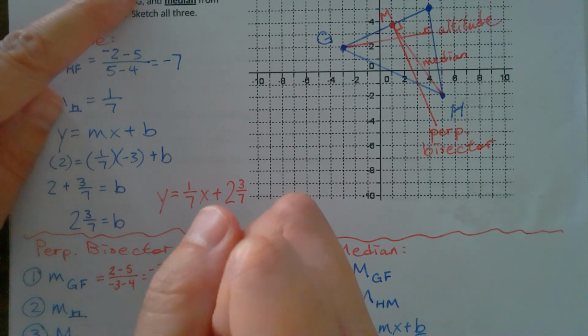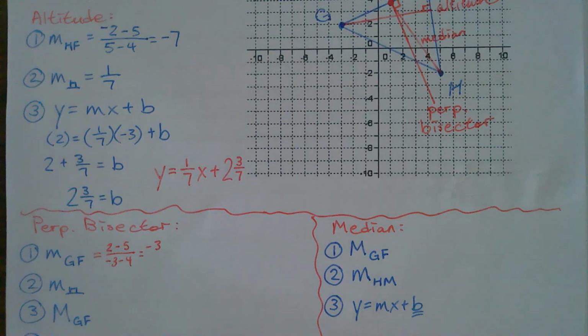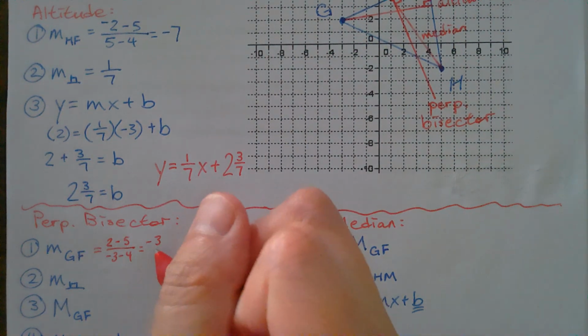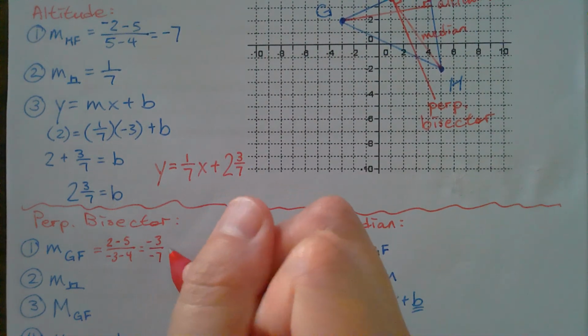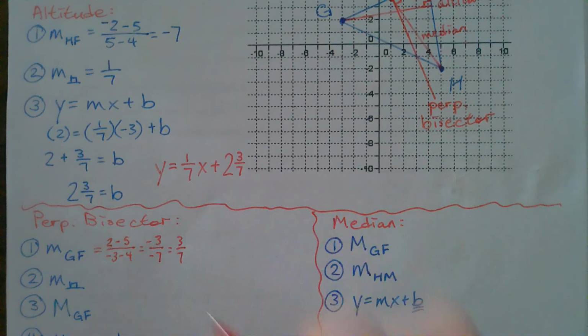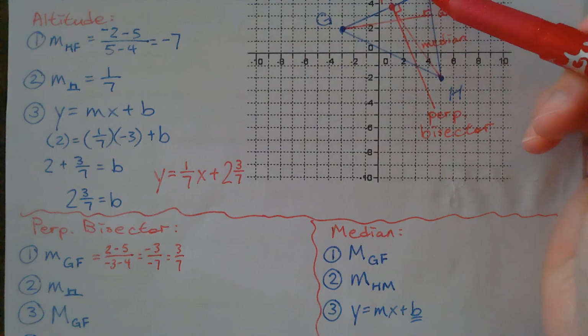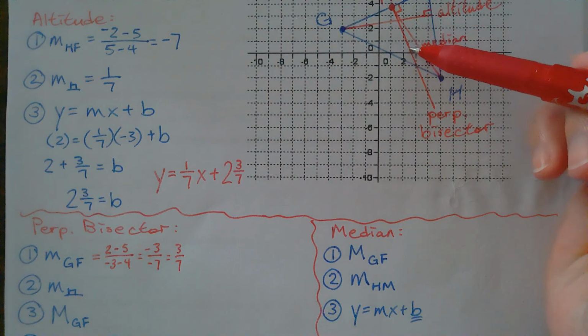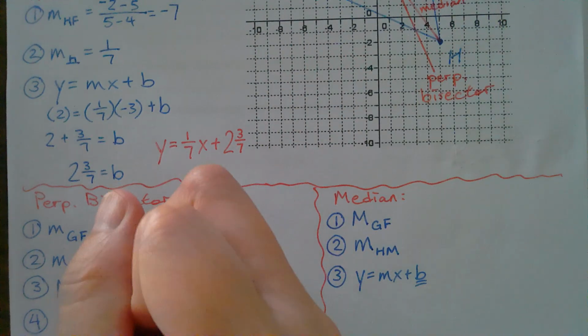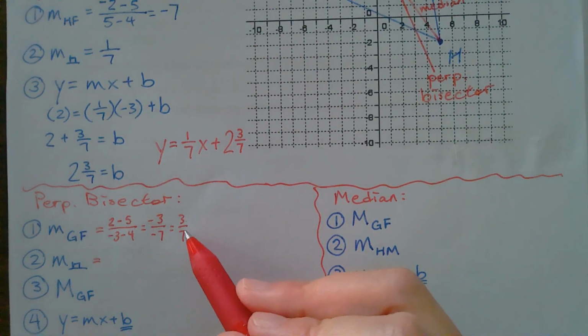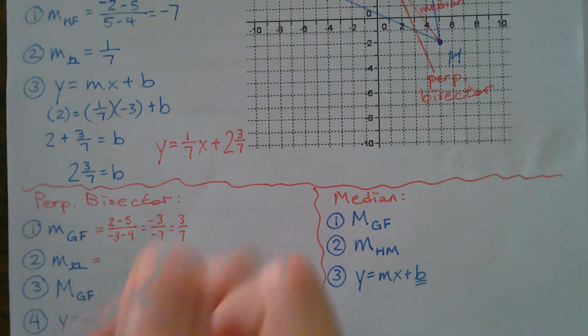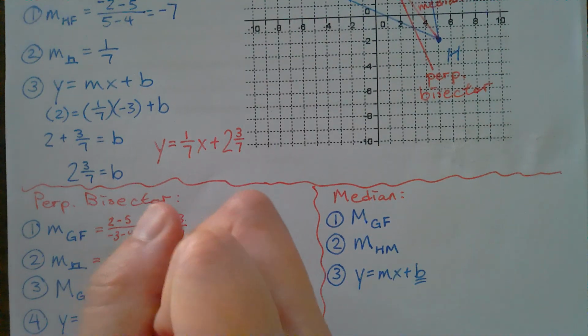So you get negative 3 over negative 7. So 3 over 7. The reason I wanted this is so that I can do the negative reciprocal to get the slope of this red line. So what is the negative reciprocal of 3 over 7? Jonathan? Negative 7 over 3. Good job.